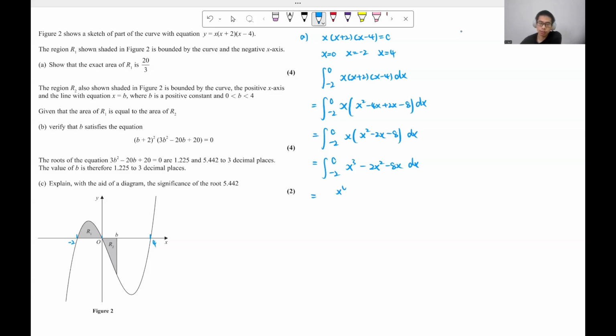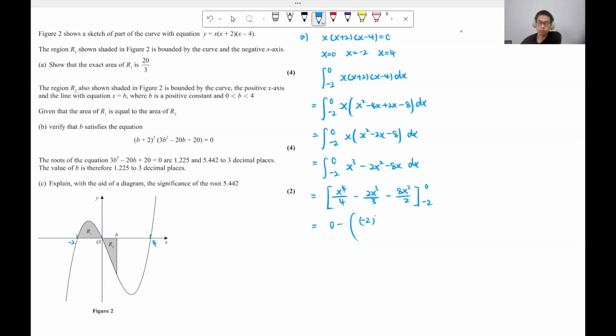Plus 1 to the power, divided by the new power, for each term. Very simple integration. And then the limits are 0 and negative 2. If we substitute in 0, everything will become 0. Then minus, now we substitute in negative 2.